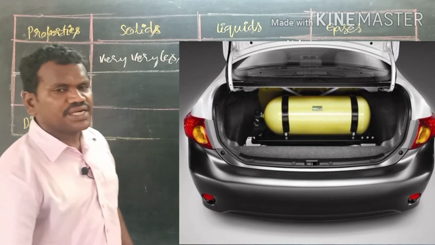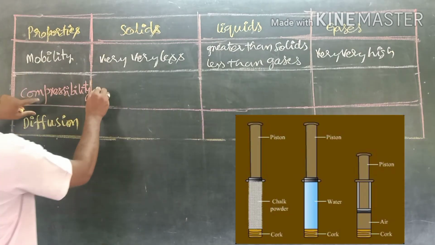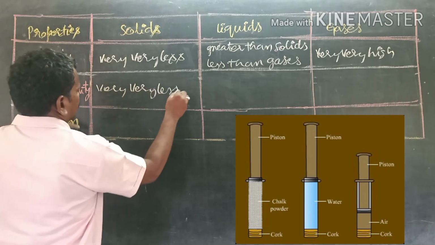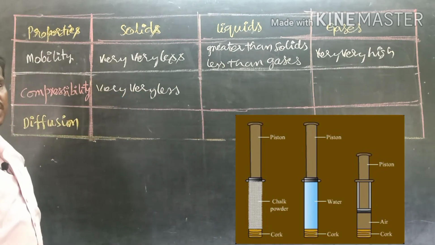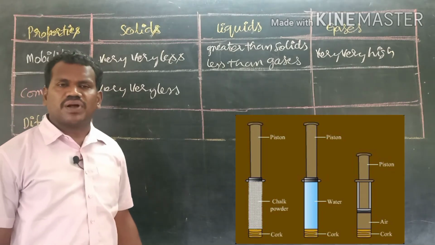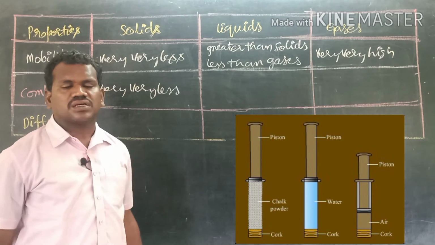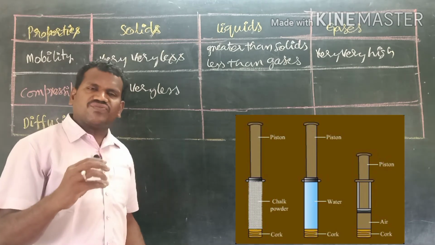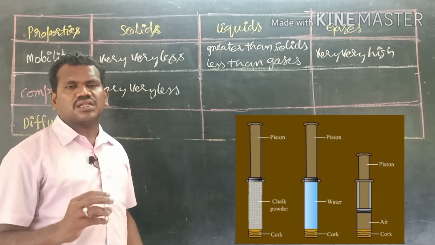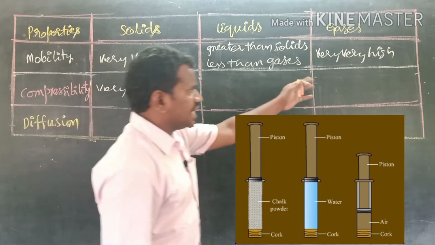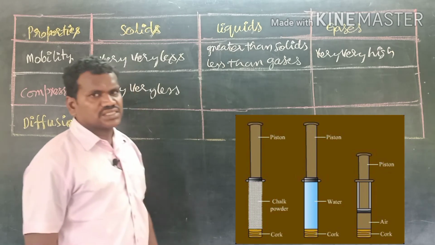Now this compressibility property is very less in solids. Why is it less? Because the distance between the particles is very less. All the particles are closely packed. So though you apply force on a solid, the particles do not move. Now come to the gases. Sir, why do you come to the gases first of all?